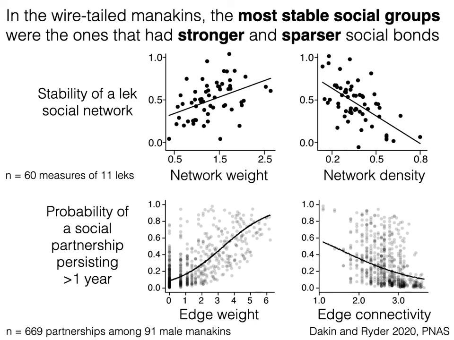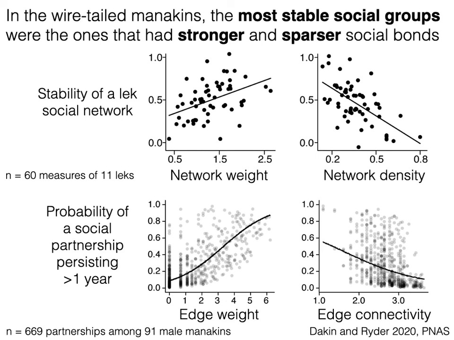Each of the data points on these first two graphs represents a lek, a group of manakins. The most stable leks are the ones that had the greater average weight of relationships, so kind of stronger connections between the individuals. That's not very surprising. But also, the denser the network, the more densely connected it was, the less stable it was.